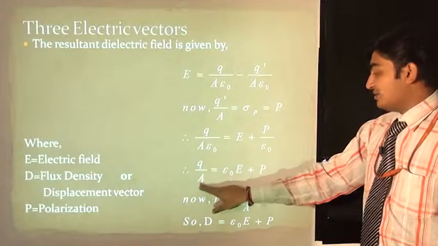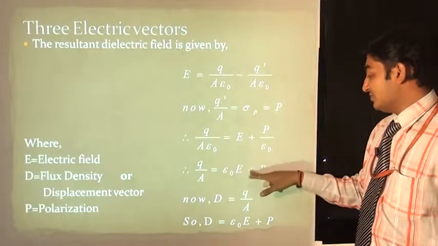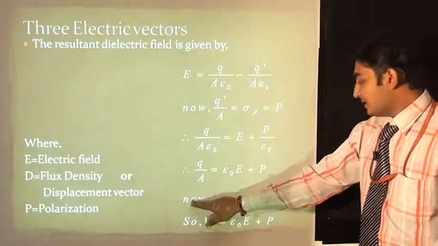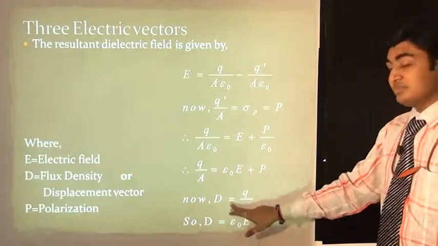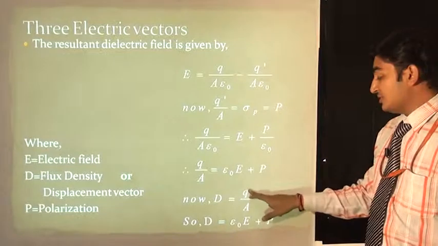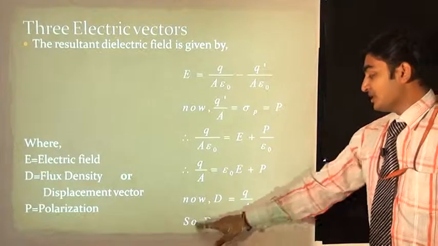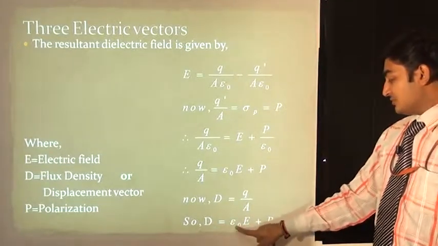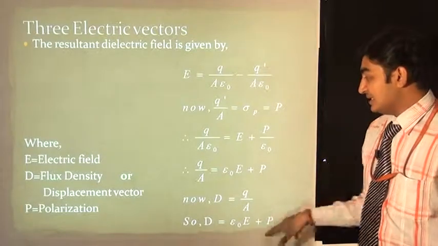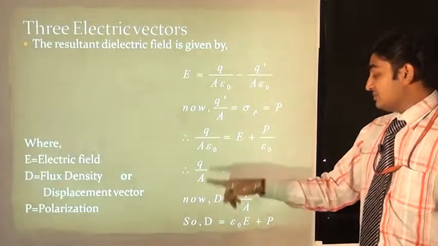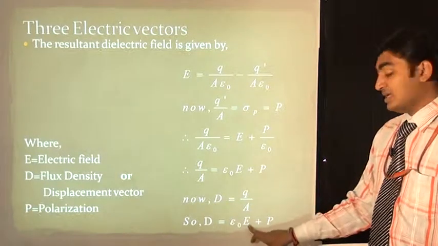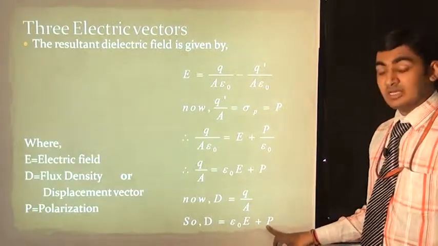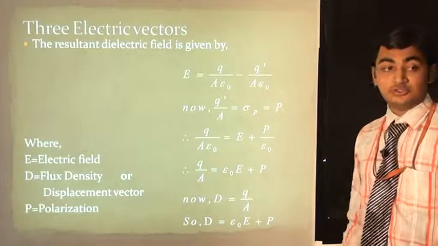Therefore q divided by A is equal to ε0E plus P. Now D is equal to q divided by A, meaning the displacement vector is equal to the charge per unit area. So D is equal to ε0E plus P. This relation gives us the relation between displacement vector D, electric field E and polarization P, where ε0 is a constant.